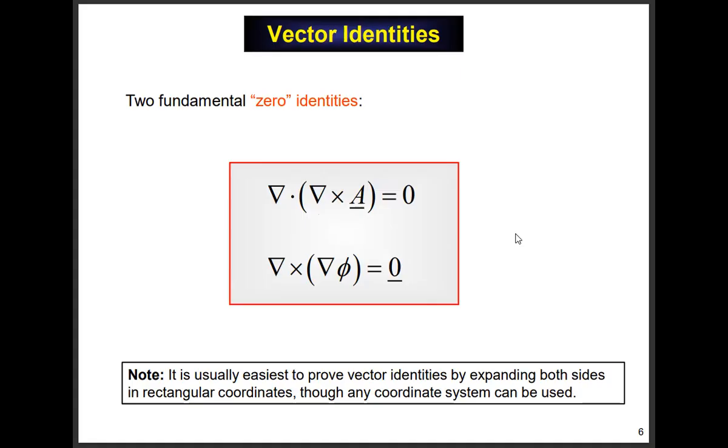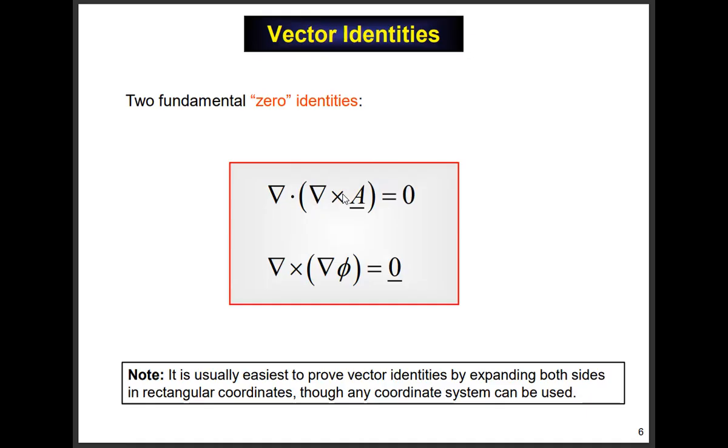But normally the easiest coordinate system to work with is rectangular coordinates, the formulas I just showed you, right? So if I want to prove that this identity is true, I can use the formula for curl and then the formula for divergence in rectangular coordinates, and show in rectangular coordinates this is true no matter what A is. And once I've done that, I'm done. It's got to be true in any coordinate system.